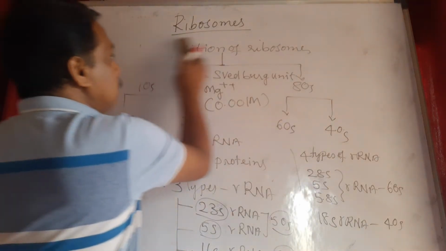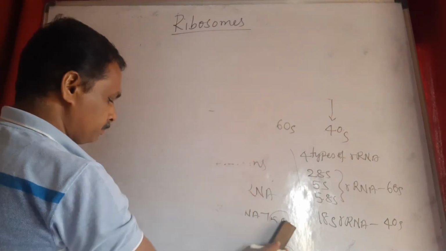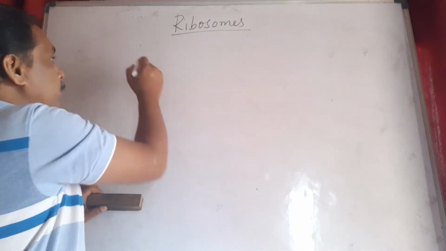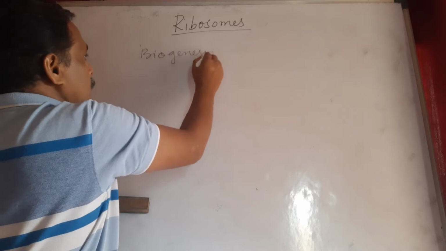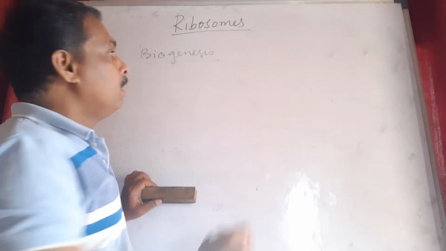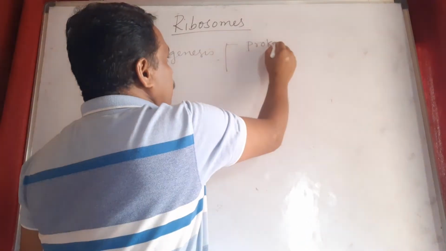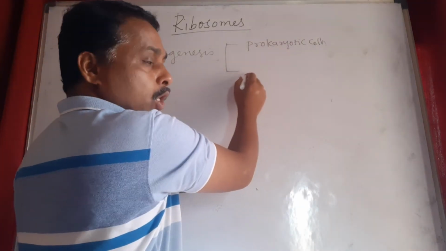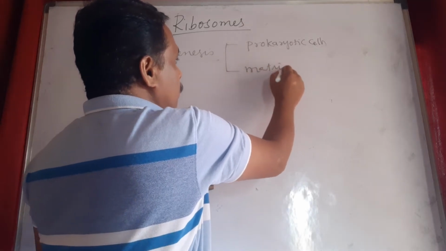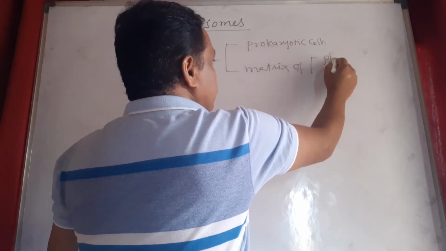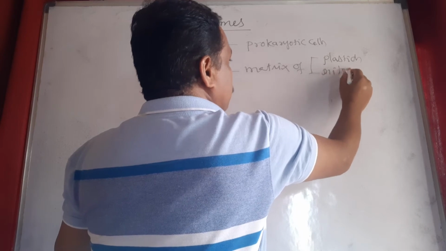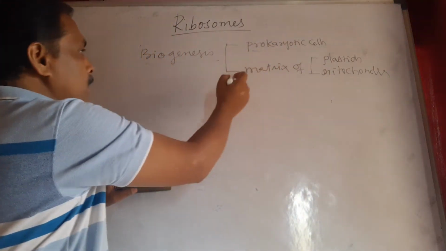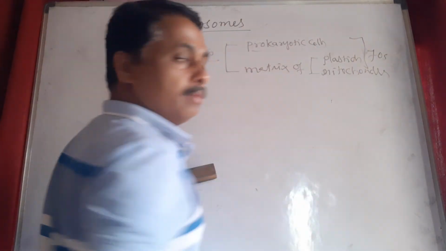And now the biogenesis of ribosomes. See, in prokaryotic cells and eukaryotic cell organelles such as the matrix of plastids and mitochondria, that is, the cytoplasm of prokaryotic cells and the matrix of plastids and mitochondria, here 70S type ribosomes are formed.